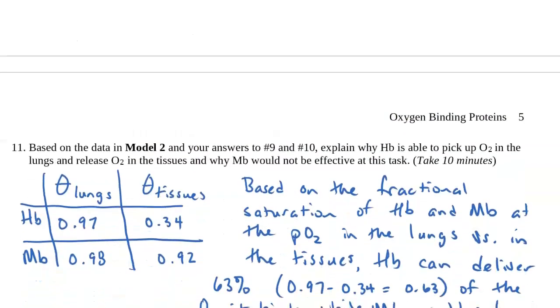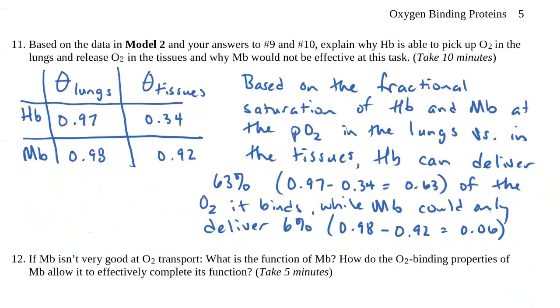Binding more tightly is not necessarily good if your function is to deliver the oxygen. Because if you were going to use myoglobin for it, it would bind tightly in the lungs, but it still binds pretty tightly in the tissues, so it wouldn't be able to deliver very much of the oxygen in the tissues, whereas hemoglobin can.